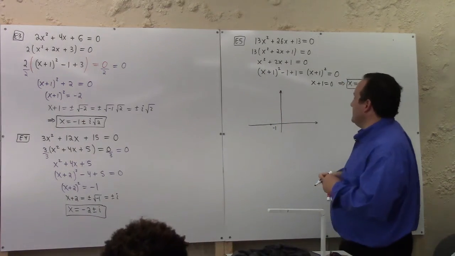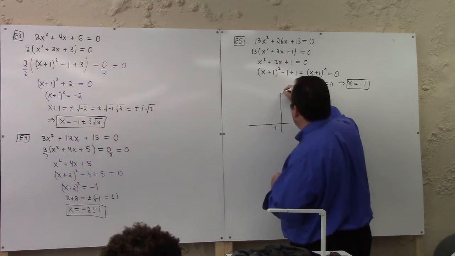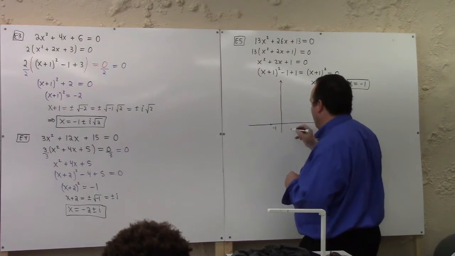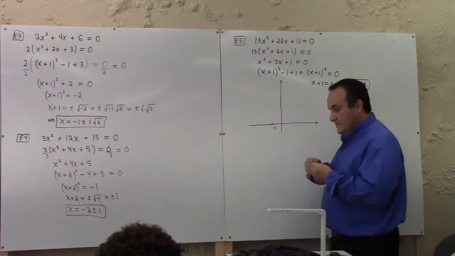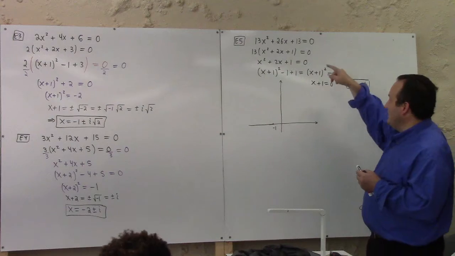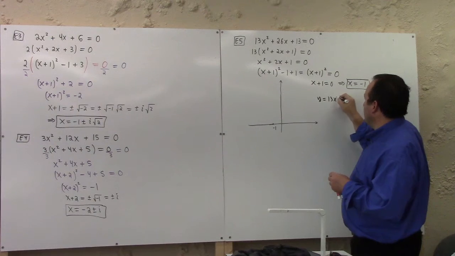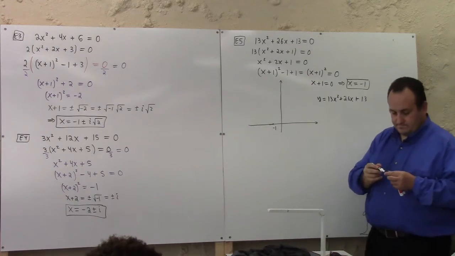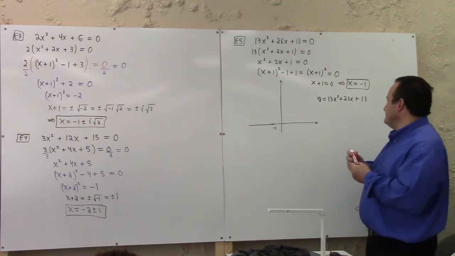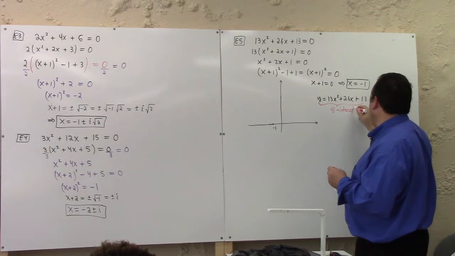Let's see here. So minus 1 is the x-intercept, right? And what's the y-intercept? I don't know if I've given myself enough room, but let me make that minus 1 a little bit closer. I'll try to keep the same scale here. So the y-intercept, if I'm graphing y equals 13x squared plus 26x plus 13, well, the y-intercept is what? 13, right?